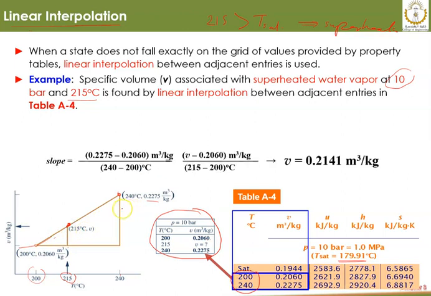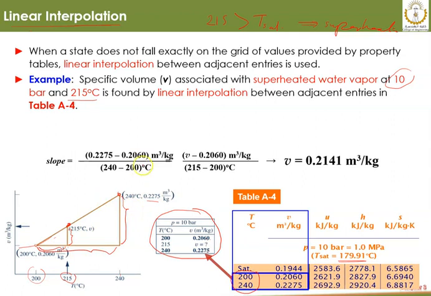Now we apply the linear interpolation. So these are two triangles, the big one and the small one, and these are similar triangles, so the ratios of the corresponding lengths are equal.